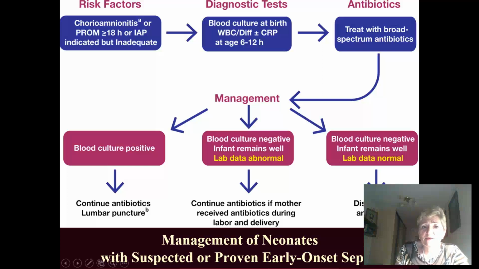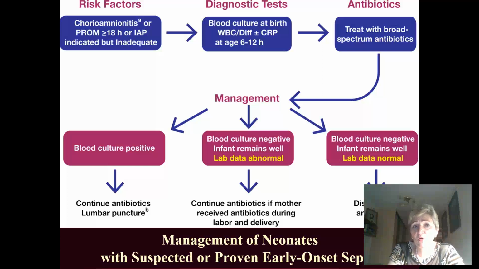When you have risk factors, you recommend specific diagnostic tests, including blood culture first, next white blood cell count and differentiation of immature forms, C-reactive protein, and other specific markers, interleukin, tumor necrosis factor, or procalcitonin.